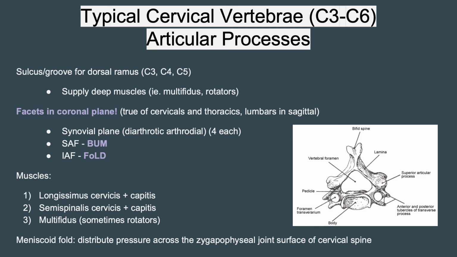In order for that plane joint to fit, one has to go backwards, the other must be forwards. And then upwards and downwards, think of those kind of going together, and medial and lateral. Those will be kind of reciprocals, if you will. If that confuses things, then just remember bum fold. Know what they stand for, and know that as the mnemonic for your typical cervical vertebrae.